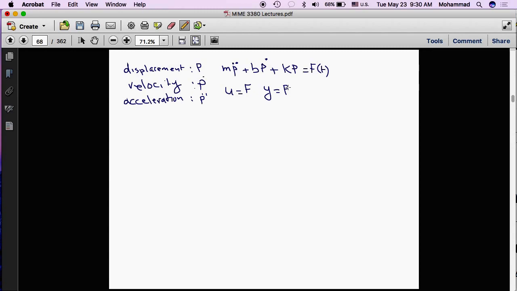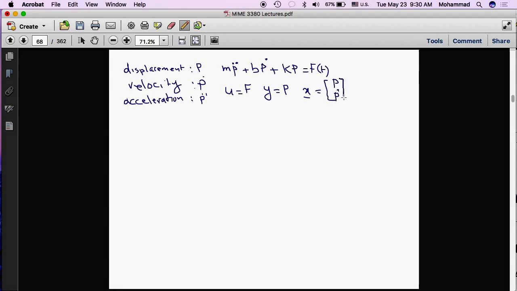Okay, state variables. What are the state variables here? We have two of them because we are dealing with a second order system. So what are the state variables? Position and velocity, p and p dot.